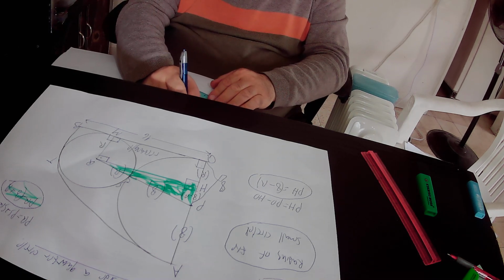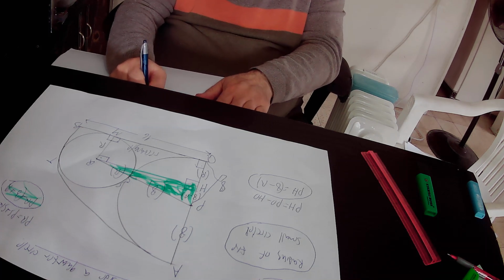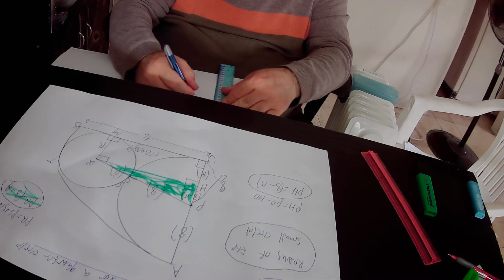Here PT is the abbreviation for Pythagoras theorem. According to the Pythagoras theorem, in any right triangle, the square of the hypotenuse equals the sum of the squares of the perpendiculars.